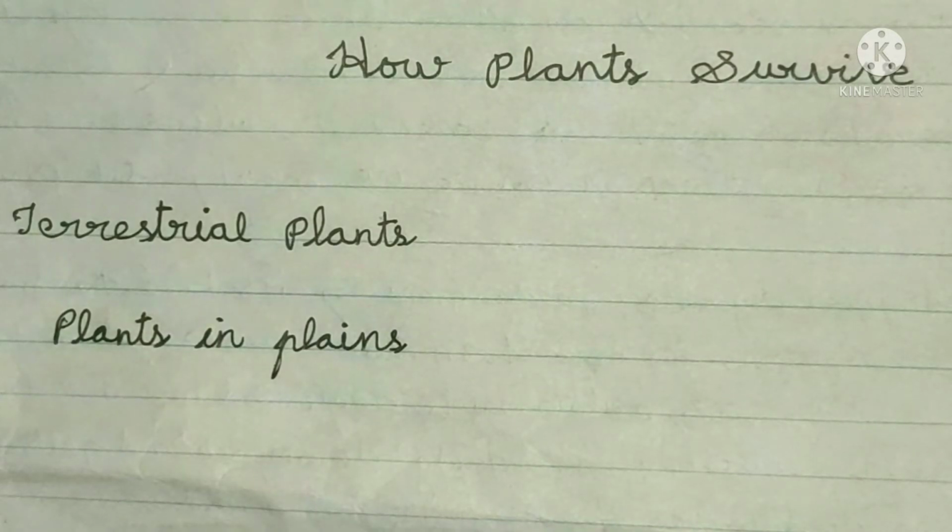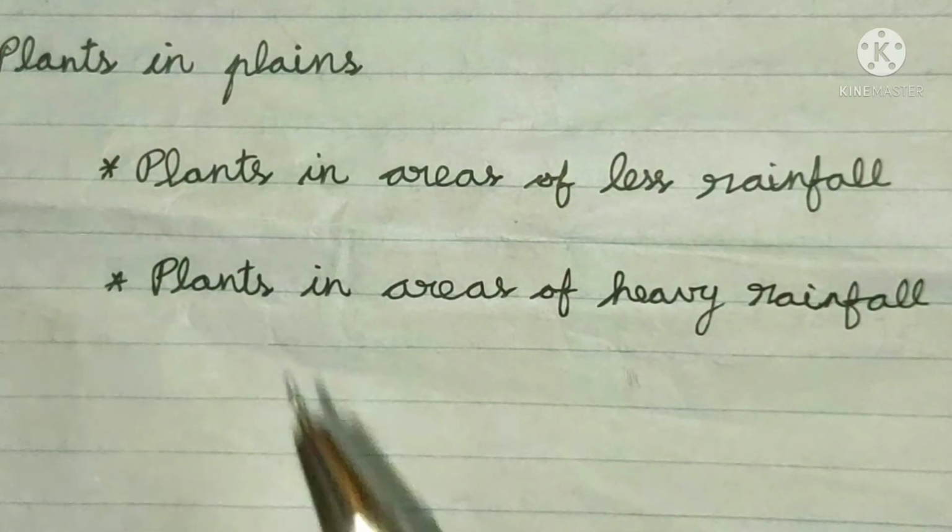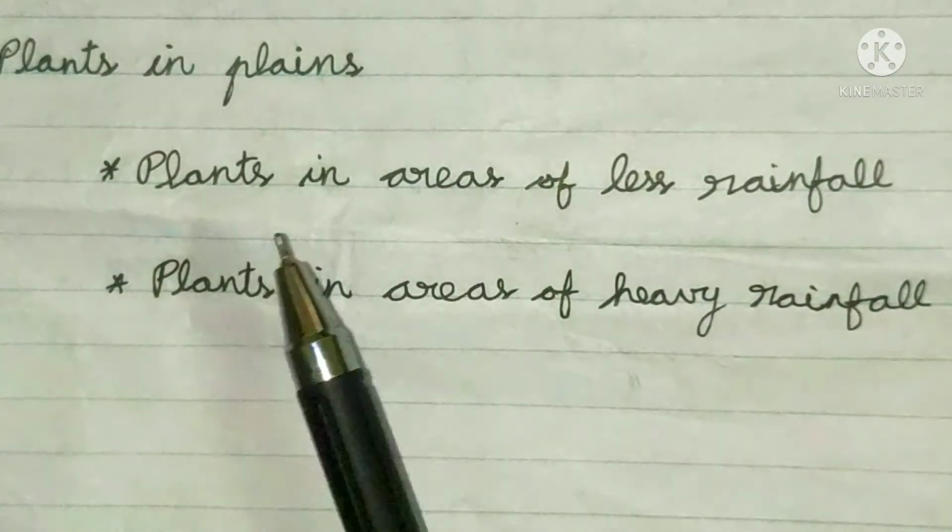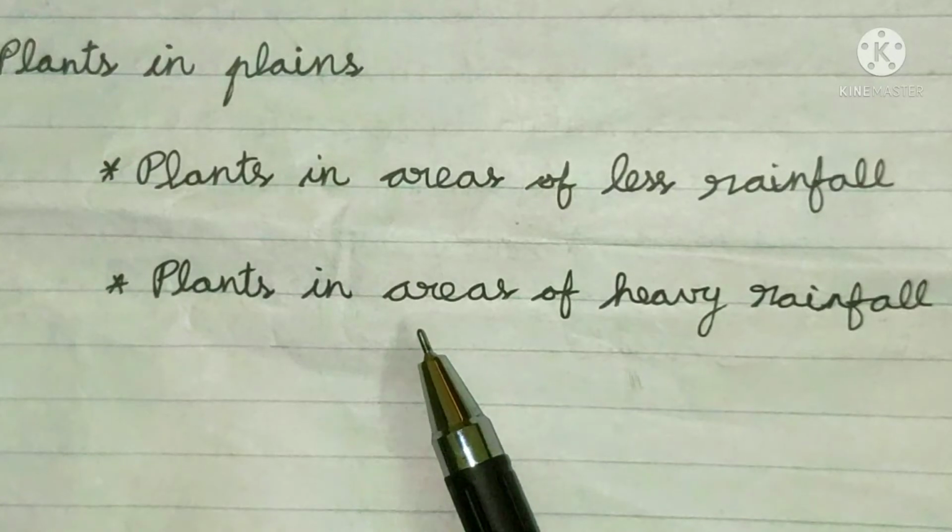First, plants in plains. What are plains? Large flat areas of land are called plains. Plants growing in plains can be grouped into two categories.